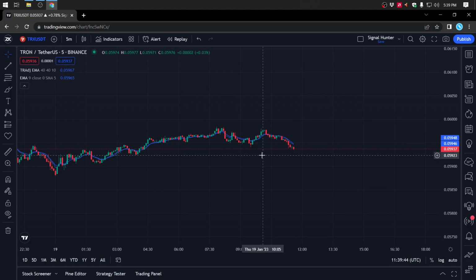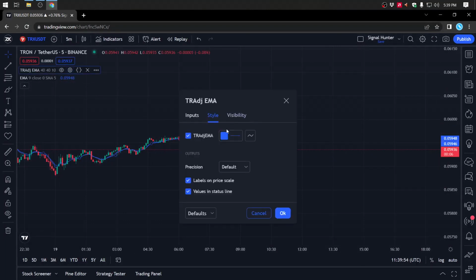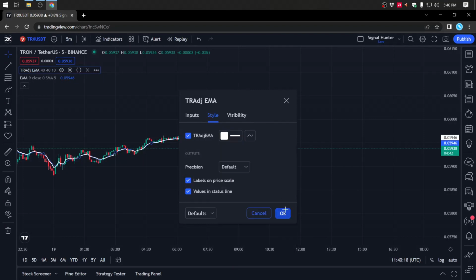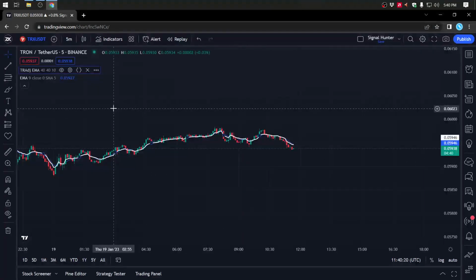Now I have to change some settings of the two indicators for better understanding. First, let's go with the TASC indicator. For the TASC indicator, everything will be default, and from the style tab I just want to change the color to white and also change the thickness, and simply save. Now I have to change some settings for the EMA indicator.